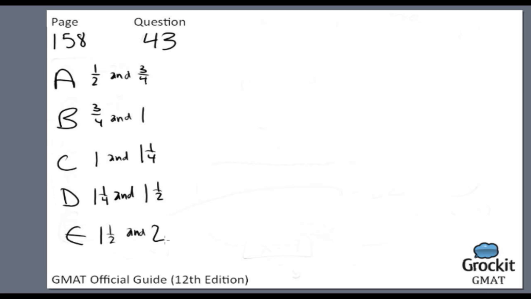Okay, so the sum 7/8 plus 1/9 is between. 7/8 plus 1/9. Between's an important word here.